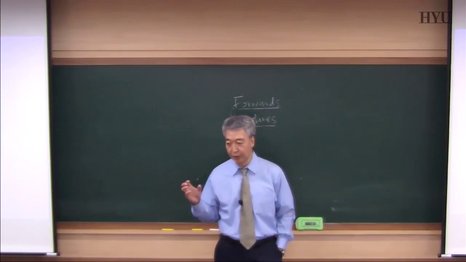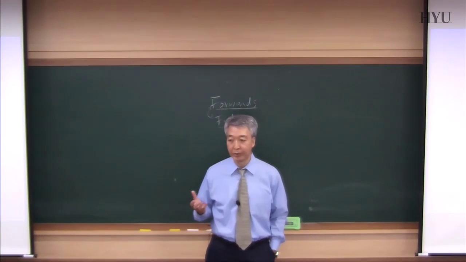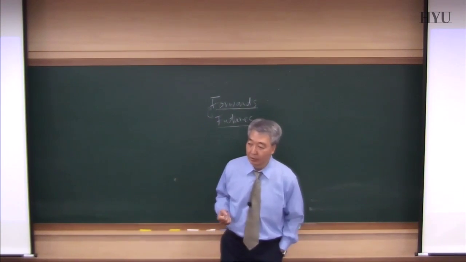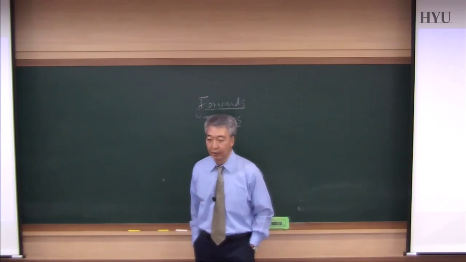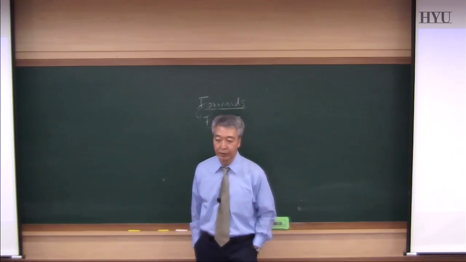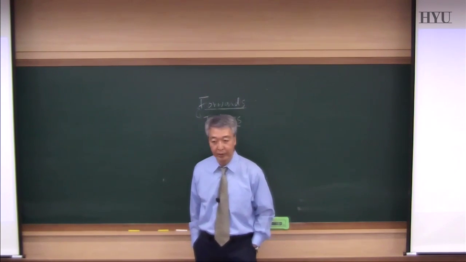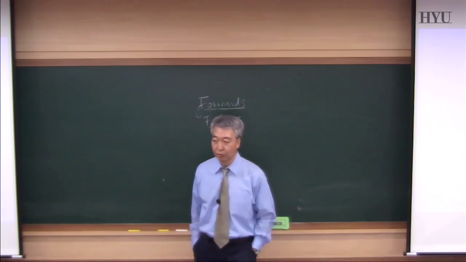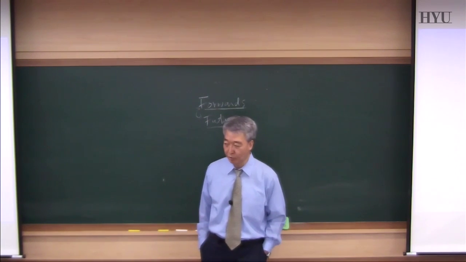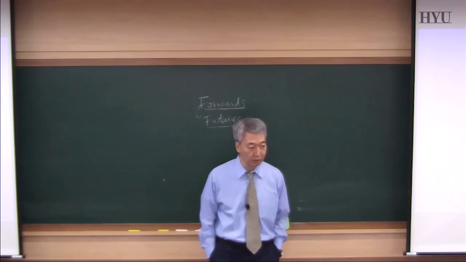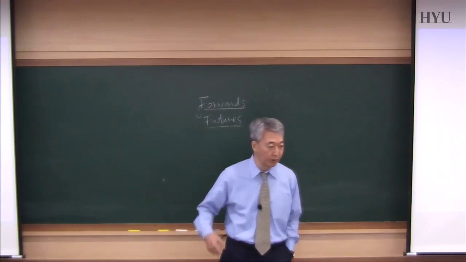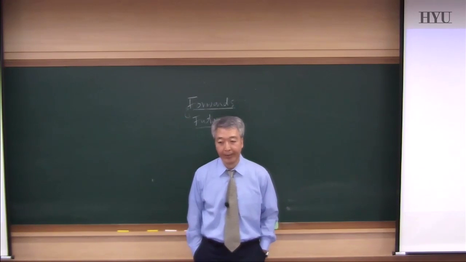So there is a risk. Again, risk means uncertainty. So farming business has uncertainty, and farmers may try to reduce the risk or eliminate the risk. In order to do that, they can get into this option or futures or forwards contract. So you can say it's an insurance.